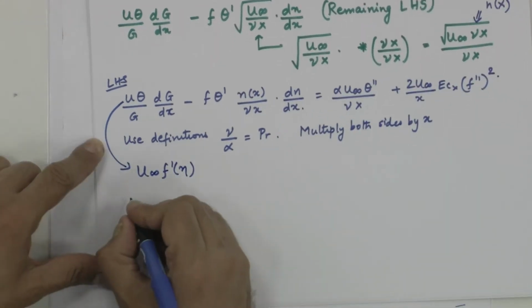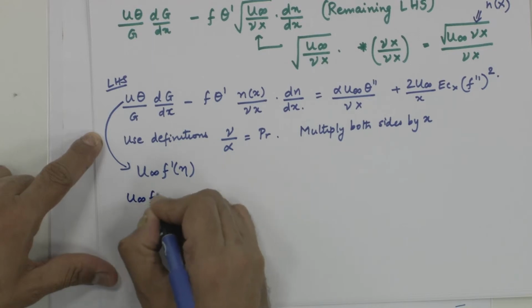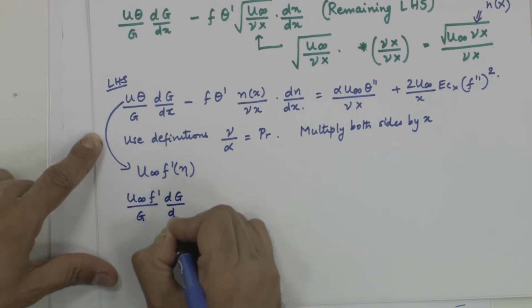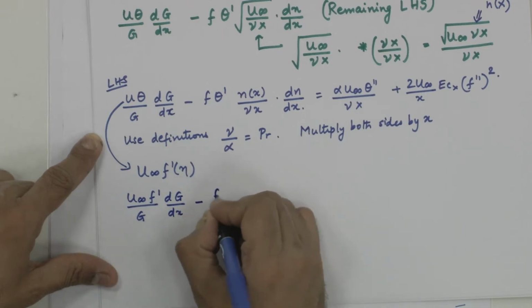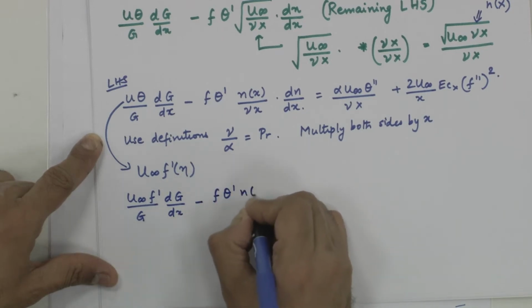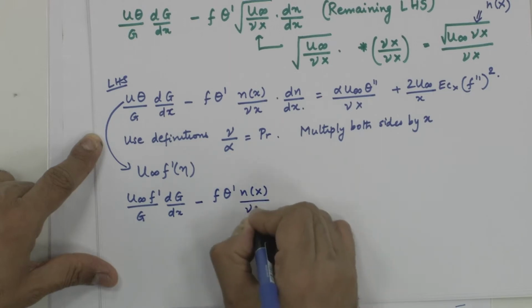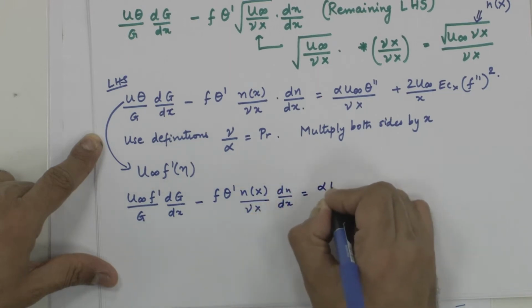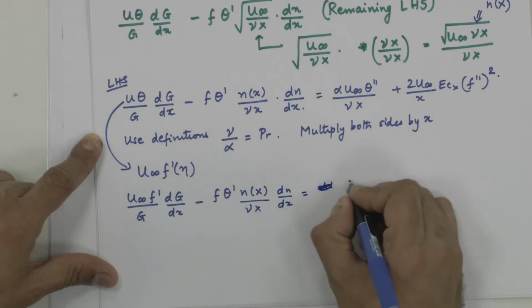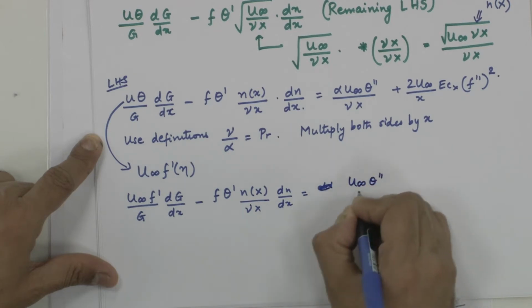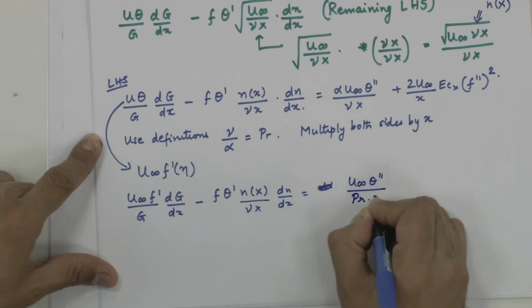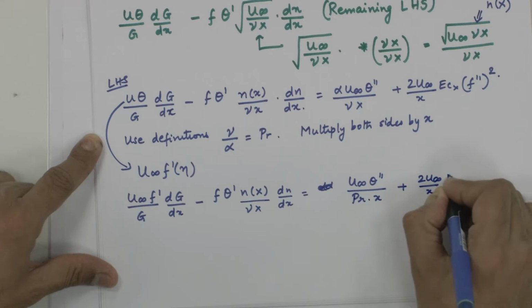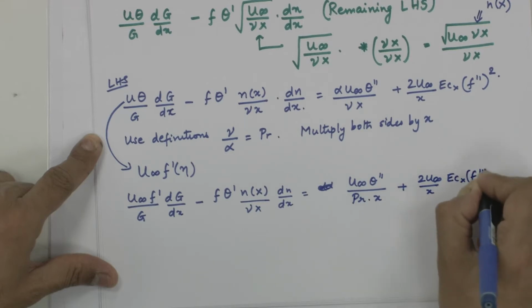So this is actually u infinity f prime by g dg by dx minus f theta prime n of x by nu x dn by dx is equal to alpha over nu. This will become the Prandtl number: u infinity theta double prime by Prandtl number x plus 2u infinity by x local Eckert f double prime squared.